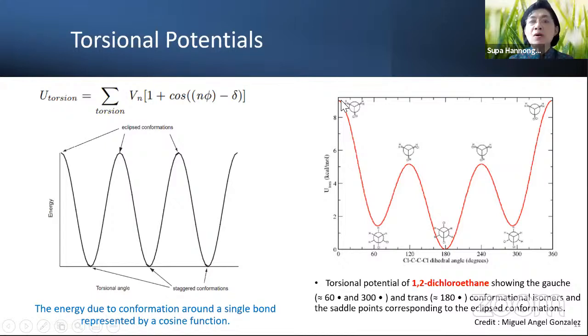But it would be more happy to be staggered over here, like about 60 degrees, and very happy to be like trans-dichloroethane. You can see that the energy over here is very low and is the most stable state of this 1,2-dichloroethane.